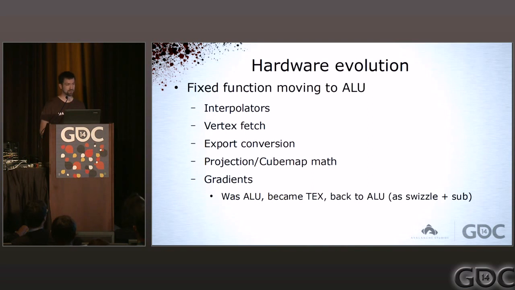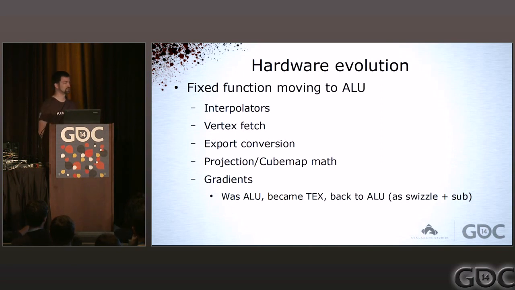Export conversion is something that happened with the GCN architecture. Now, at the end of the shader, you need to actually convert the format for the export. Projection and cube map math, like normalizing the coordinates, as we saw in the example there for cube map, are handled by the ALU these days. And gradients is something that's been walking back and forth a little bit. It used to be an ALU instruction, then became a texture instruction, and now it's back to ALU again.